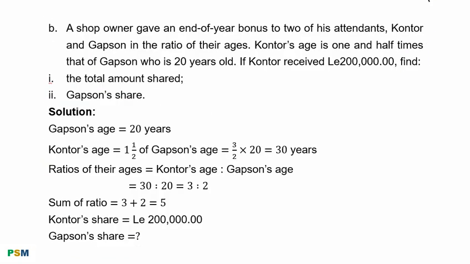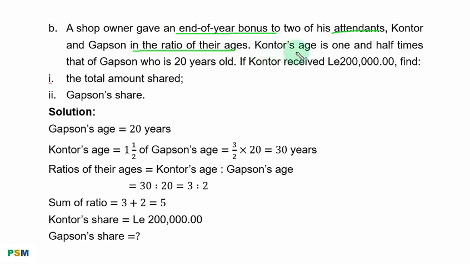Question 6b, a shop owner gave an end of year bonus to 2 of his attendants, Konto and Gibson, in the ratio of their ages.